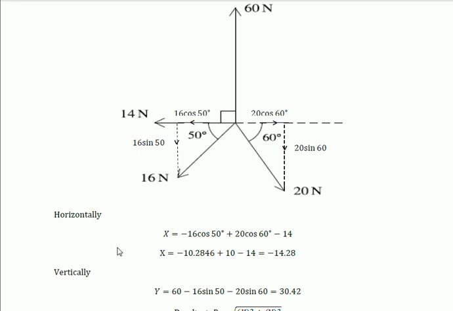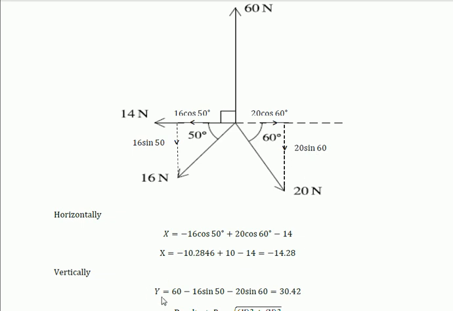Now we shall resolve the forces vertically. In the upward direction, we have the 60 Newton force, so it will be positive. In the downward direction, we have two forces. One is 16 sin 50, so as it is in the downward direction, its sign will be negative. Similarly, 20 sin 60 is in the downward direction, so its sign will be negative.